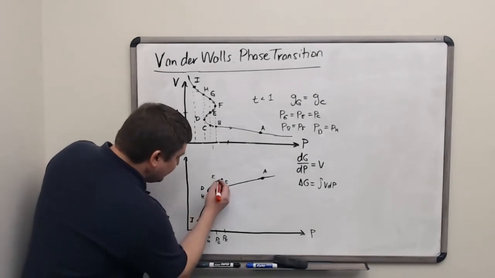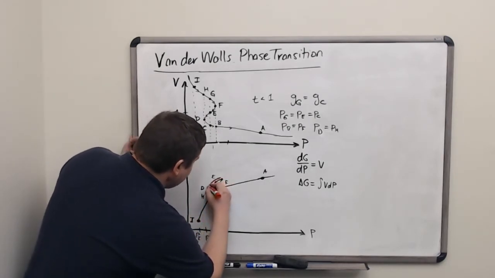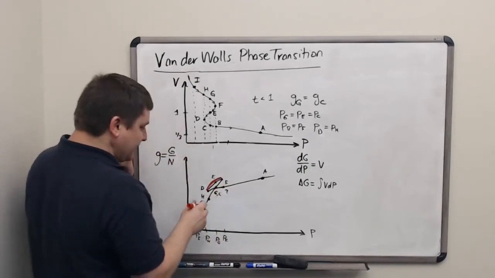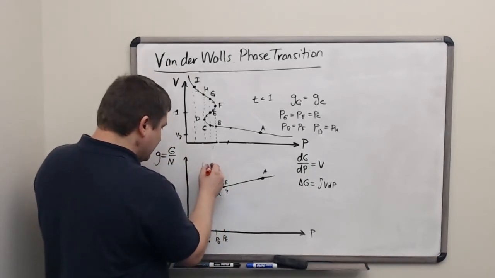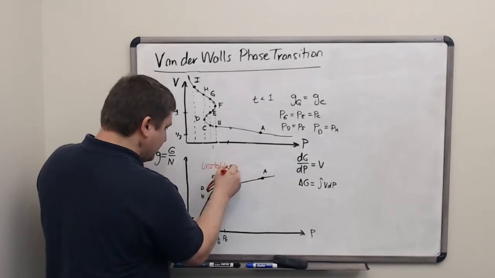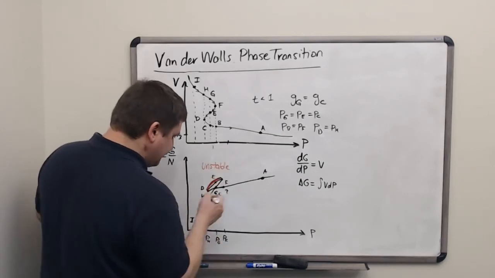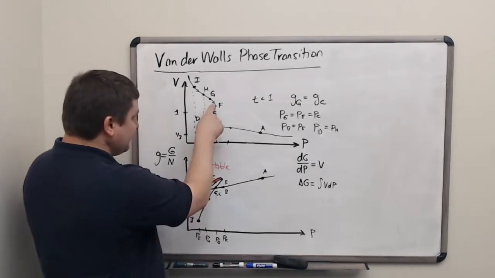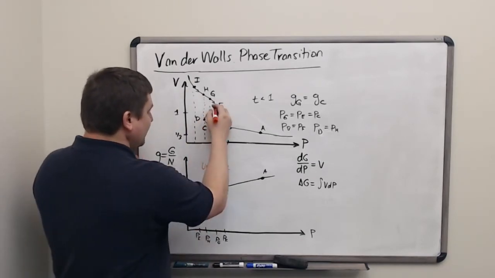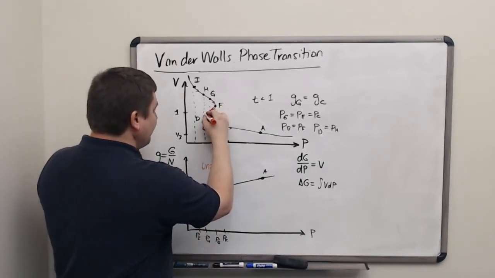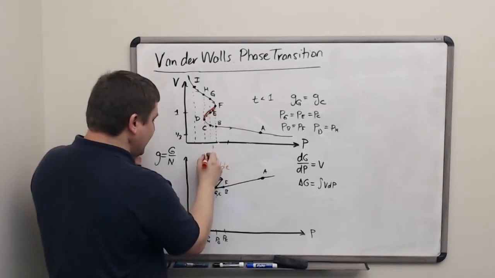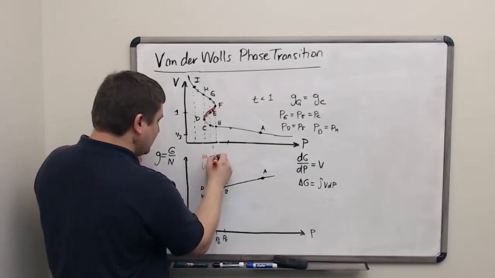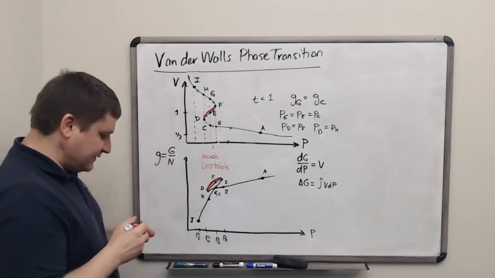So these solutions up here that I'll mark in red between F and D, these are the states in the middle here of the isotherm from F to D. Those were mechanically unstable.